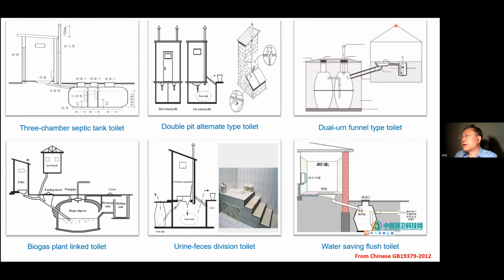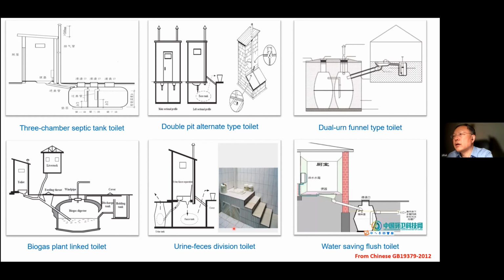And also, typically in China, there is the biogas plant linked toilet. Over the last 40 or 50 years, more than 40 million households in rural areas adopted such toilet systems. And we have also the urine feces diversion toilet.